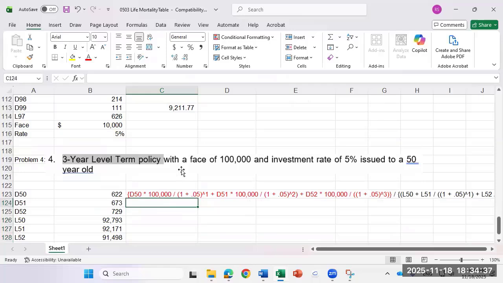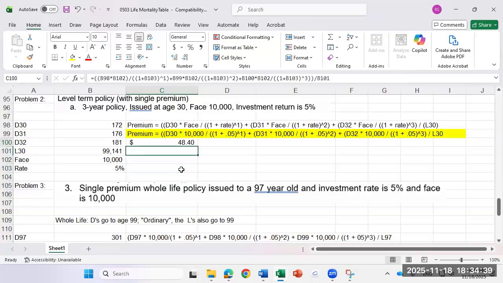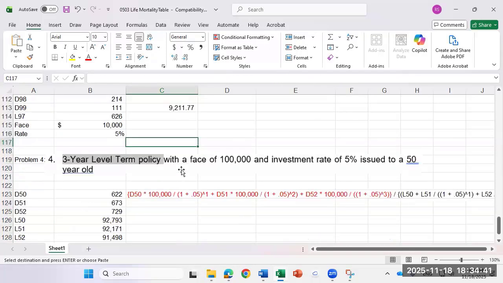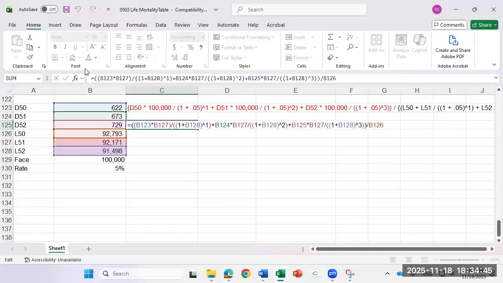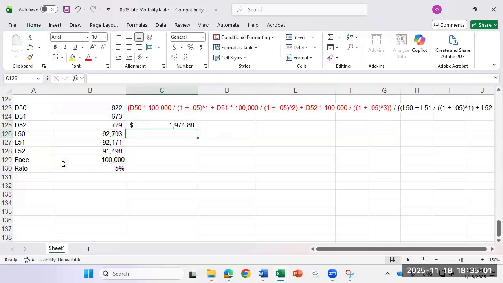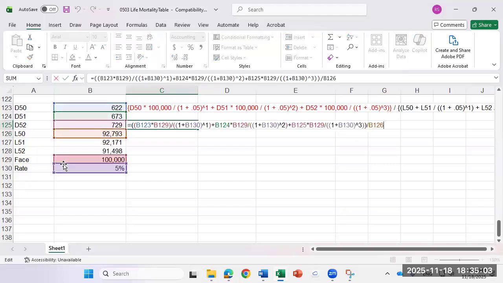I lost the whole thing. So anyway, I can copy this one down. I could have sworn that looked correct, but anyway.